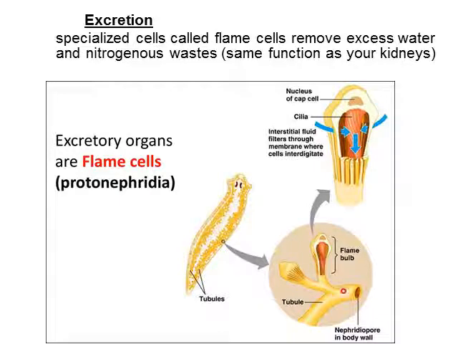Well, essentially, there are pores throughout the skin of the flatworm. And the nitrogenous waste, or the pee, for lack of a better word, would simply ooze out of the skin. Now, this may seem very odd, but actually it's not that strange, because as humans, we also do something very similar.